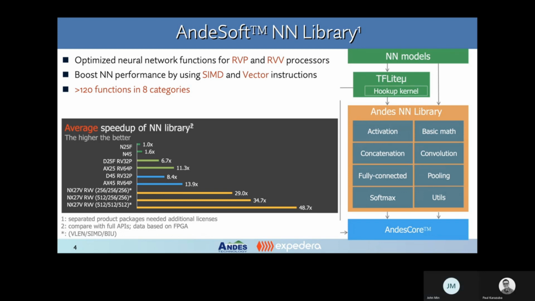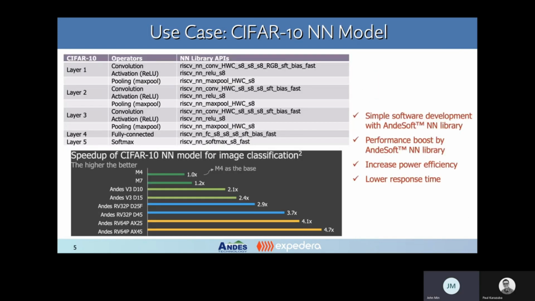Next. So here's one example, a CIFAR-10 neural net imaging model. We use the fundamental building blocks to build the CIFAR-10 neural net model, and you could see the acceleration.